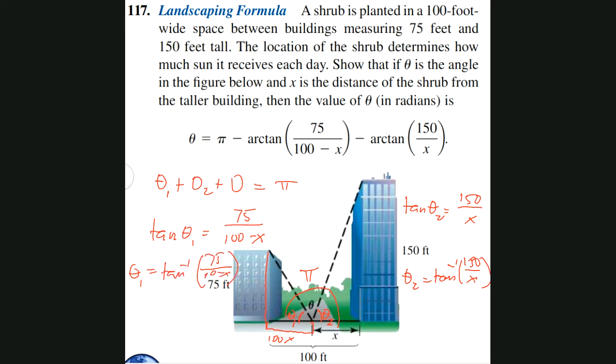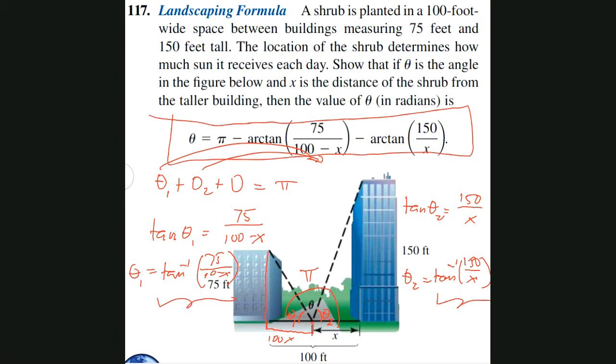So when we solve for theta, we just subtract these two, bring it over here, and we do a direct substitution for this one and this one. So that's how we got this formula. That makes sense? Should I clarify anything, or if you guys don't understand something, let me know.